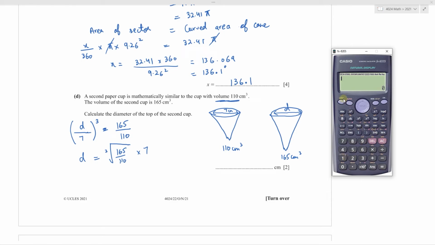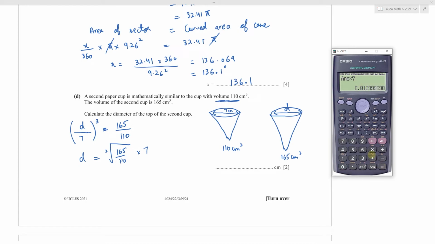Oh, sorry. So cube root, let me do this again, 165 divided by 110. And taking the cube root, I'll just take the power to be 1 over 3, which is the same as taking a cube root, and then multiplied by 7.